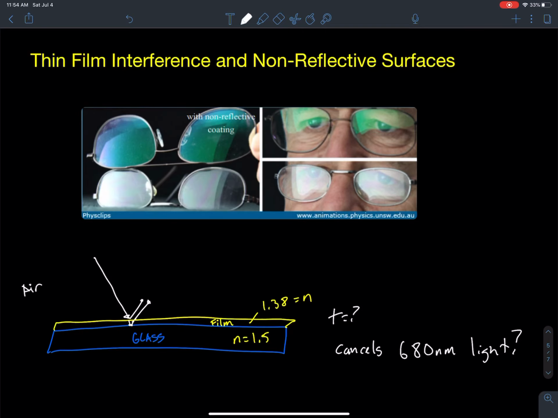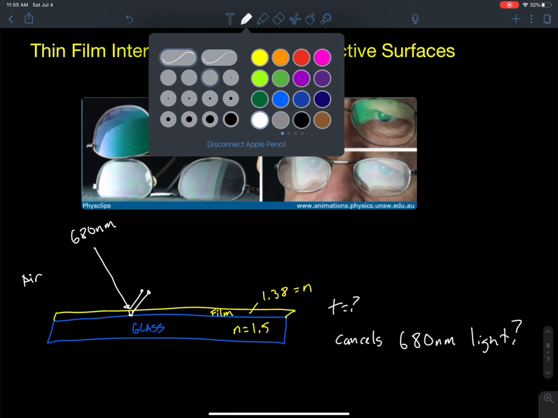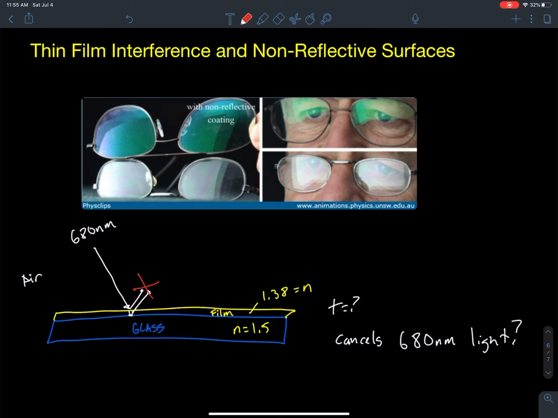Okay, so we're looking at a problem where we're trying to figure out what thickness that film, which has a refractive index of 1.38, would need to be to cancel 680 nanometer light. So if this was 680 nanometer light, which let's say is the most predominant wavelength in visible light, okay, we want to cancel it. We don't want to have any of that light coming out.